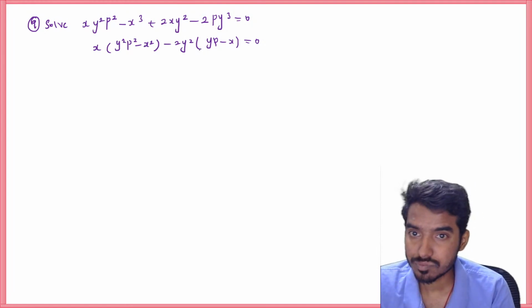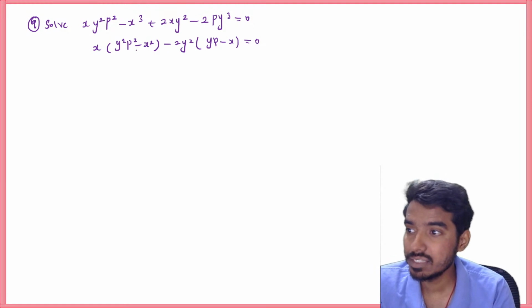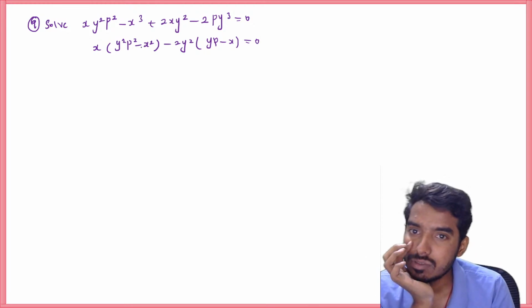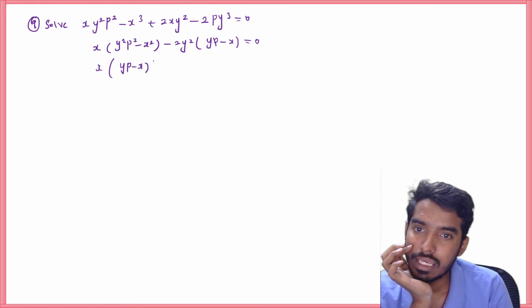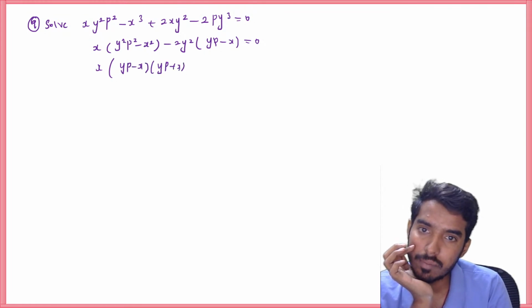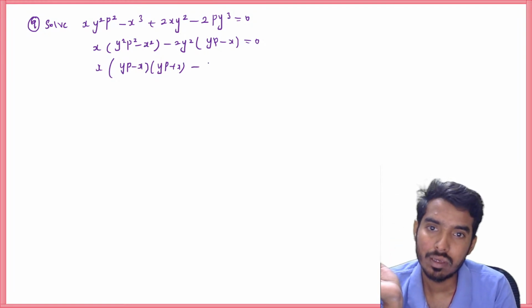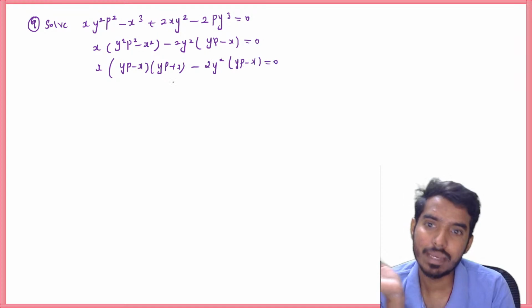Now y square p square minus x square, so what we can do is a square minus b square, right? It is (a minus b)(a plus b). Take it as yp whole square minus x square. Here we have 2y square yp minus.